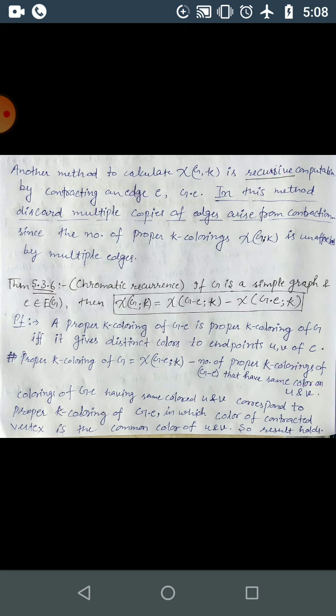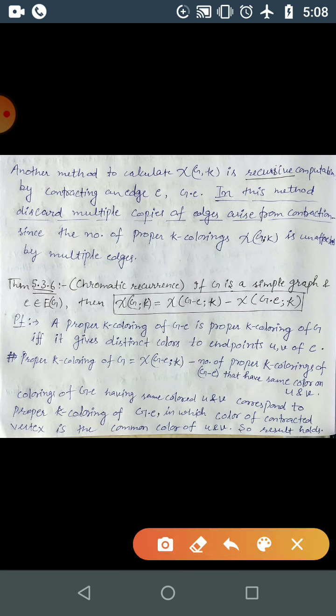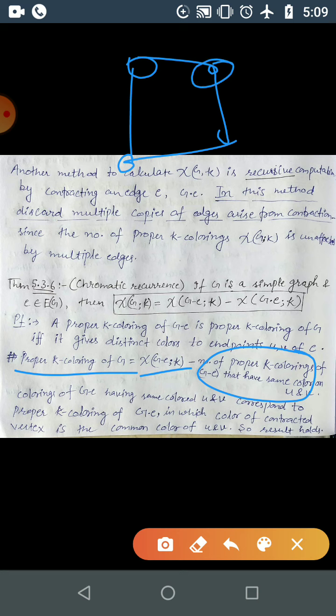Okay, so here I have just explained. The chromatic polynomial of G will be equal to the chromatic polynomial of G minus E minus the number of proper k colorings of G minus E that have the same color on U and V. And if you look at the statement carefully, these colorings will be the same as if you make U and V overlap.